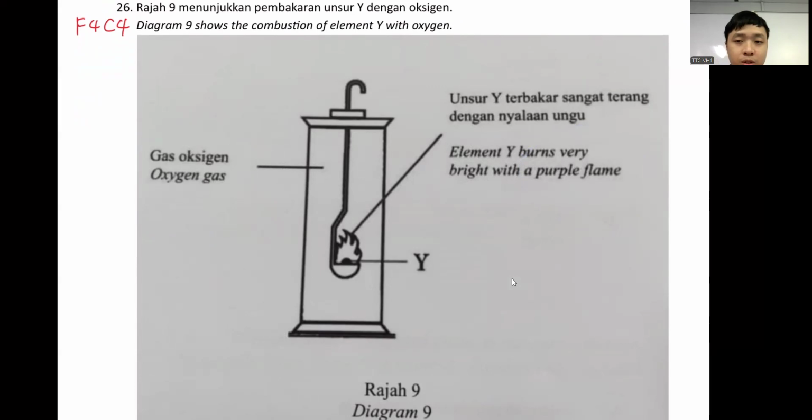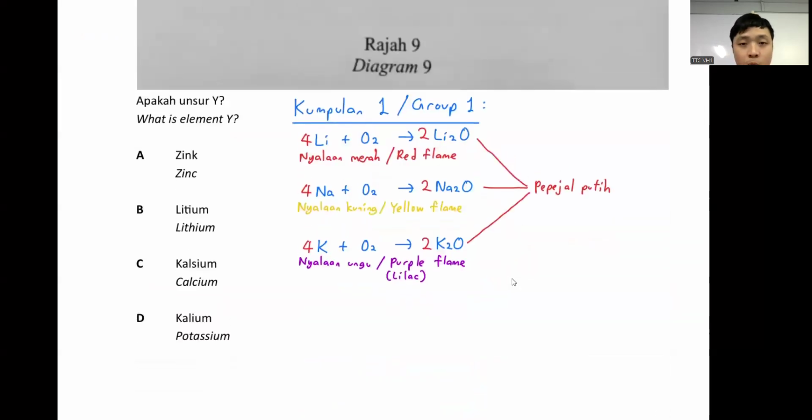Not everything is a purple flame. Sometimes it's a red flame, sometimes a yellow flame. When you burn group 1 elements with oxygen, you sometimes get red, yellow or purple flame.